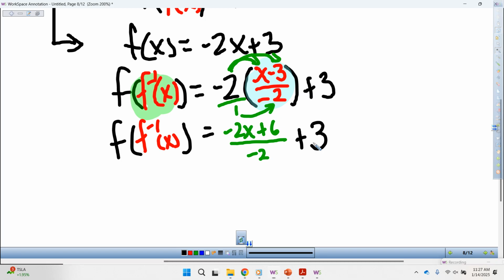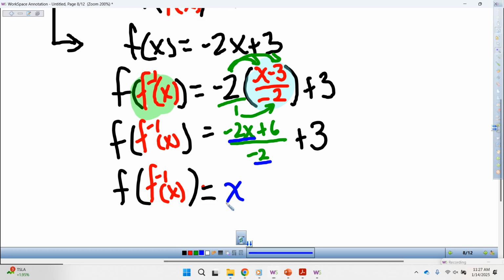Okay, let's continue. F of, again, the left side stays the same, equals, let's simplify. Look up, guys, what is negative 2x divided by negative 2? 1x. Next, what is positive 6 divided by negative 2? Negative 3.